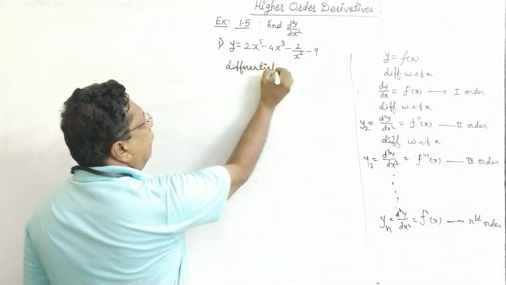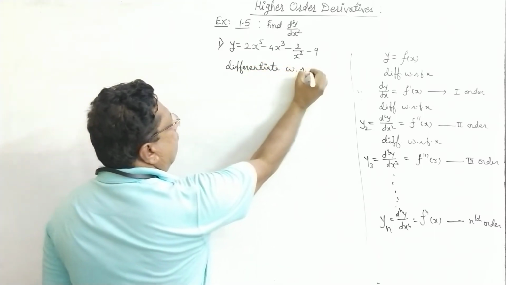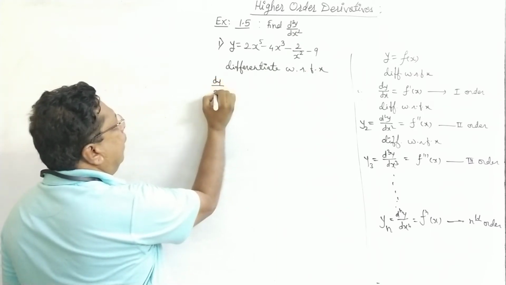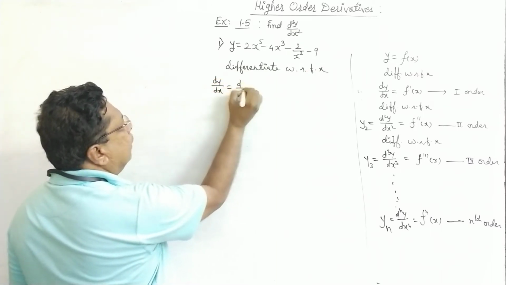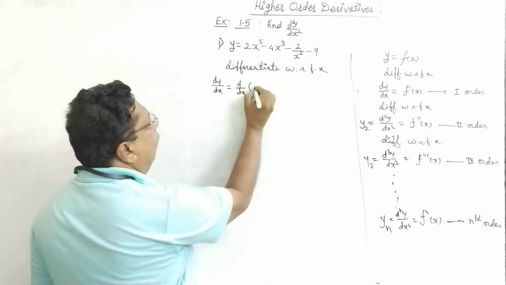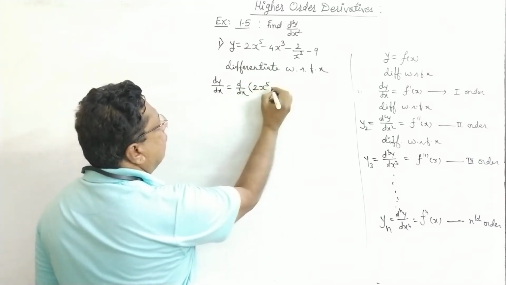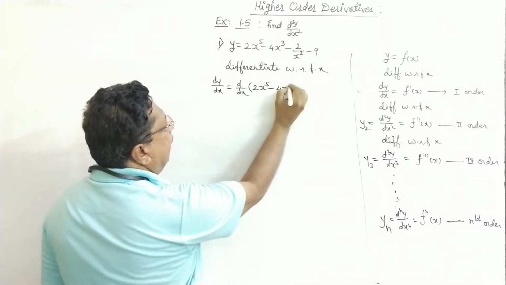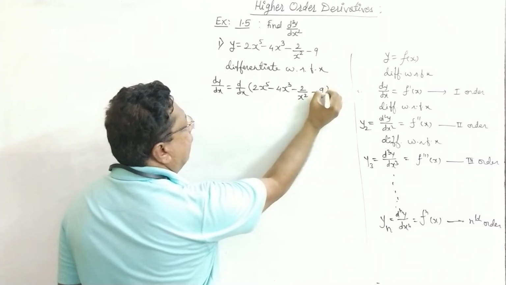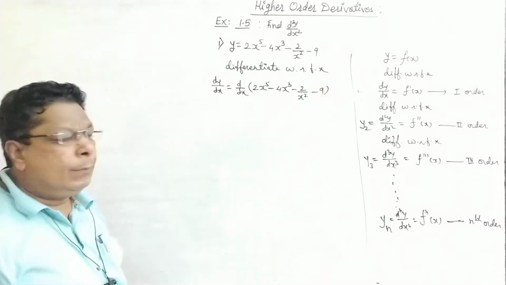Differentiate with respect to x. The derivative of y with respect to x is dy by dx. On the right hand side, d by dx of 2x raised to 5 minus 4x cube minus 2 upon x square minus 9.